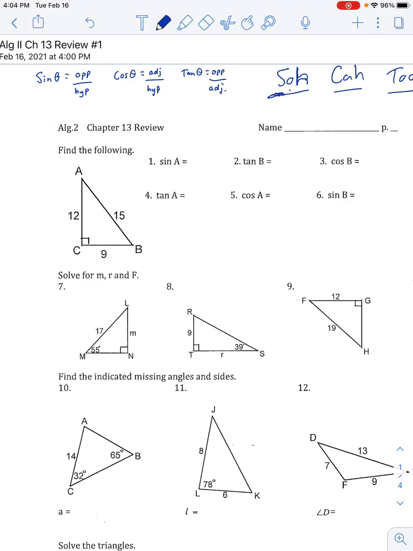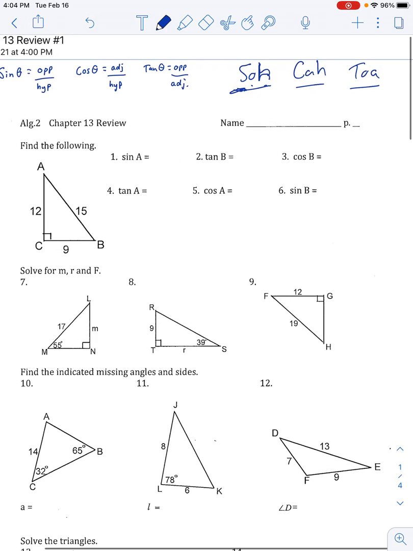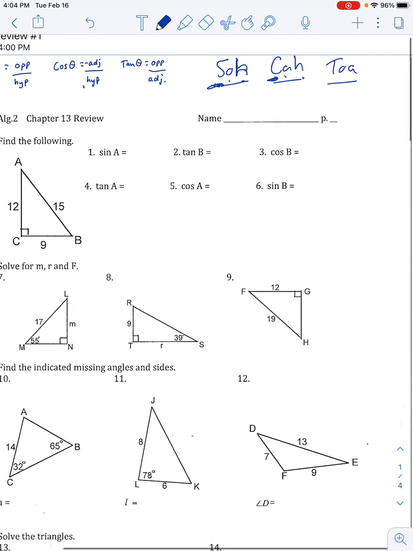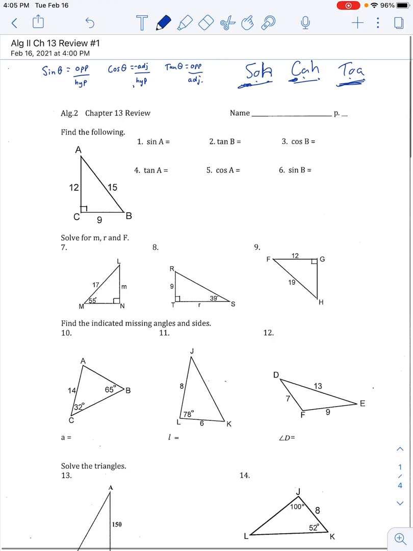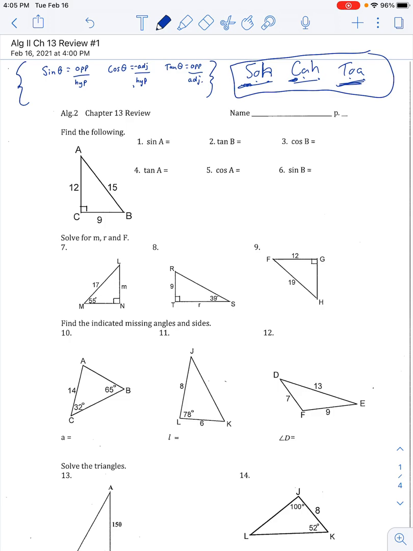Sine is opposite over hypotenuse. The cosine is adjacent over hypotenuse. The tangent operation is the opposite side of the triangle divided by the adjacent. If you never have these memorized, that's a-okay. Probably on your test I can give you a little cheat sheet or note, but you've got to have these at the top of your paper because it's going to be helpful. And if you don't remember them, you can always write down SOHCAHTOA at the top of your paper, and that'll help as well.